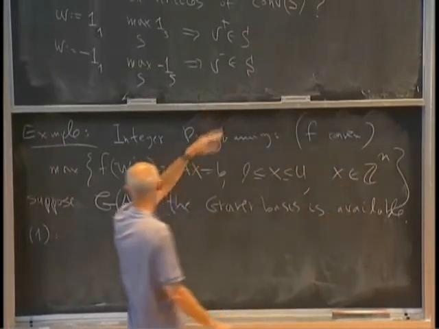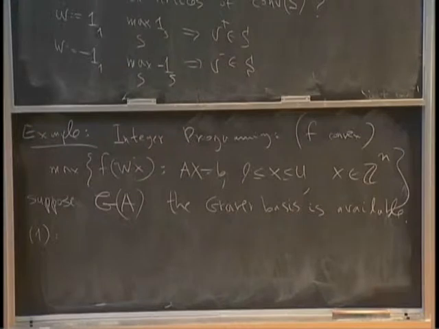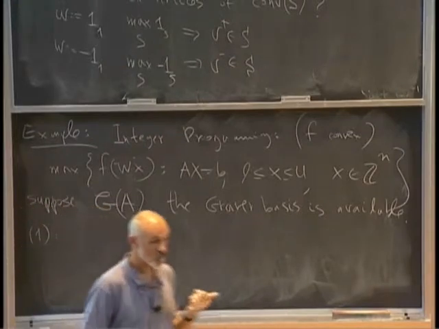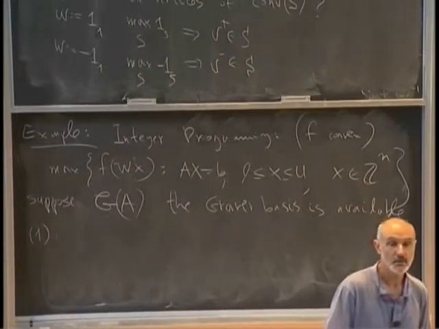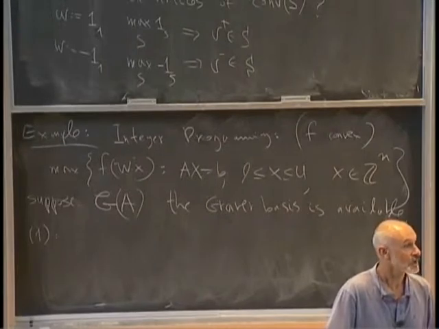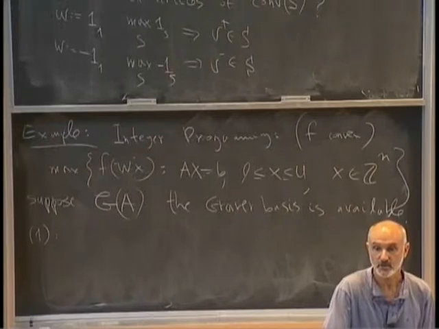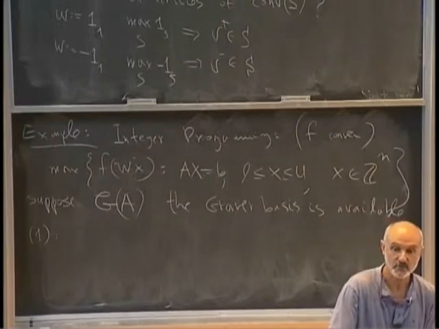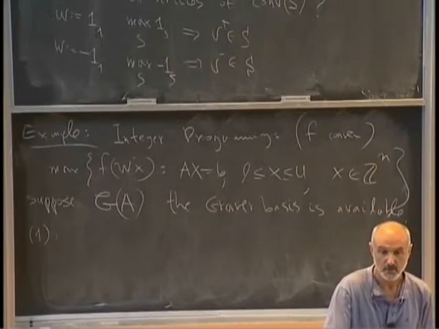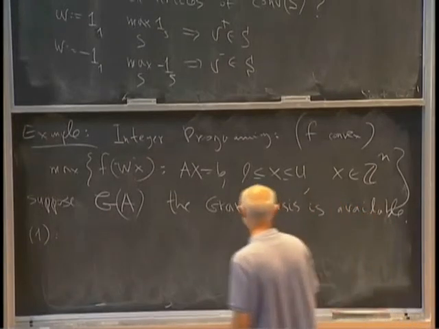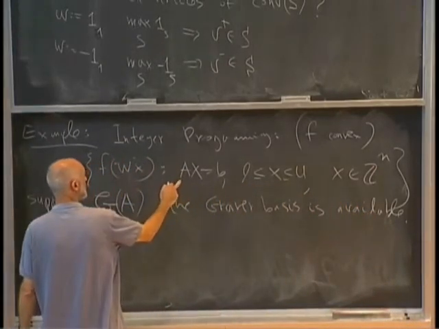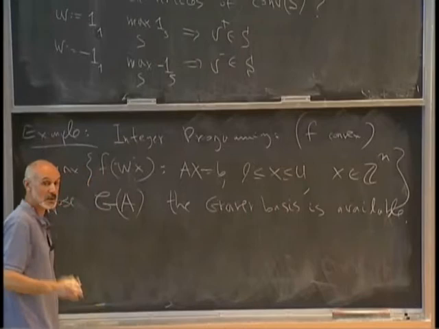Well, the same setup is up there. To apply the machinery, first of all, I need something for S. What do I need for S? A linear optimization oracle. I need to be able to do linear optimization over S. Can I do linear optimization over S? Yes, because we have the Graver basis, and this was a theorem we proved before. So if we have the Graver basis, let's say in an n-fold system, we can do linear minimization over this, and this is non-trivial.